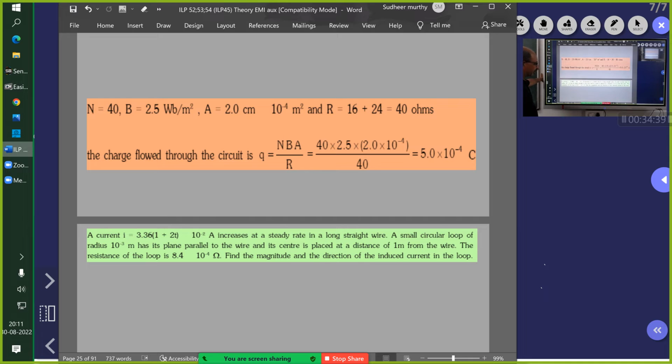How will you understand this problem? If you understand it like I told, you have a coil in the front and you have the conductor here. I hope you are able to see what I am doing here with my finger.